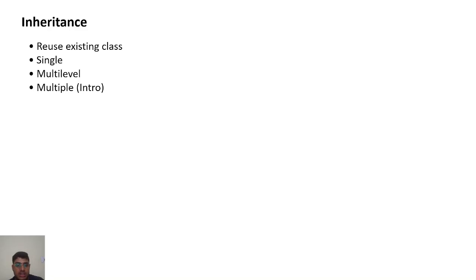What is inheritance? Inheritance is a process by which one class acquires the properties and methods of another class. The class being inherited is called a parent or base class. The class that inherits is called a child or derived class.